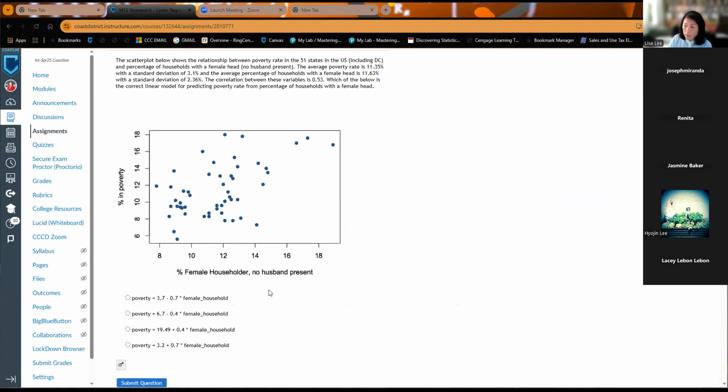There's a scatter plot there. And for the correct answer, you should look for the y-intercept, which should be below 6. Because the y-intercept cuts on the vertical line here. You can see percent in poverty, the lowest number is 6. So it must be some number lower than 6 if you draw a line passing through, okay?